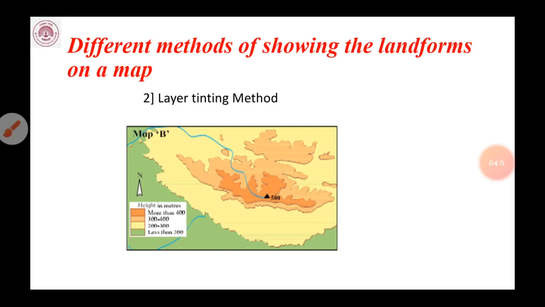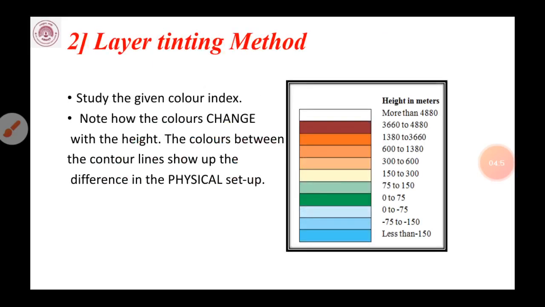Let us learn in detail about the layer tinting method. Study the given color index. Note how the color changes with the height. The colors between the contour lines show up the differences in the physical setup. Look at the table.